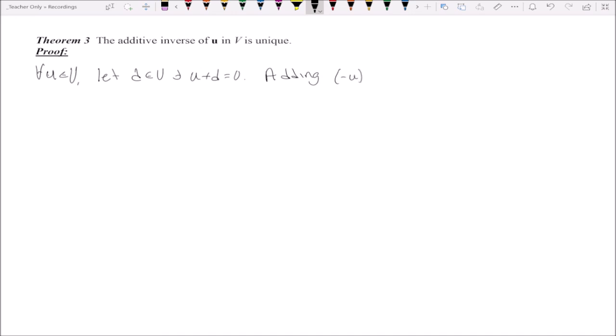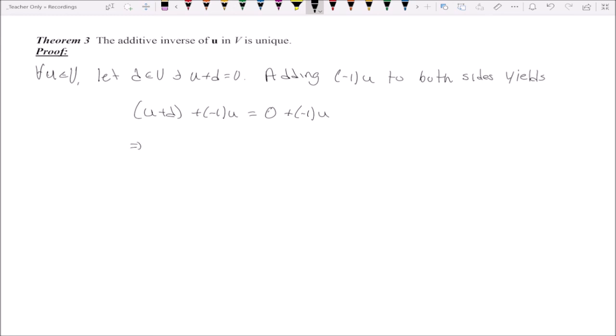Adding minus 1u to both sides yields u plus d plus negative 1u is equal to the additive identity plus negative 1u, right?